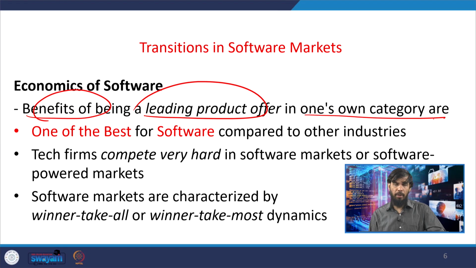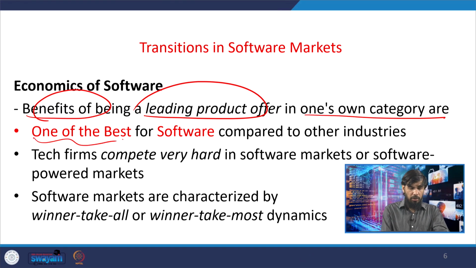If we compare this to traditional industries, there would be many firms leading in their own category in traditional industries, but the kind of benefits you get when you are leading a product offer in the software industry or IT industry in general is very different. Those benefits are much higher than what we see in traditional industries.